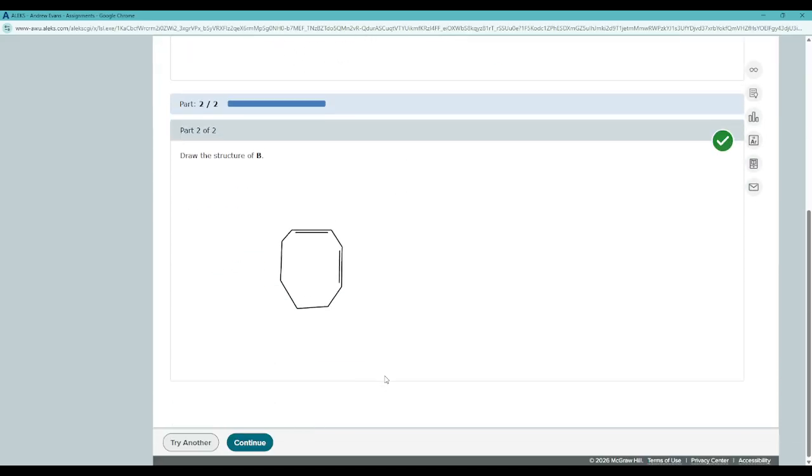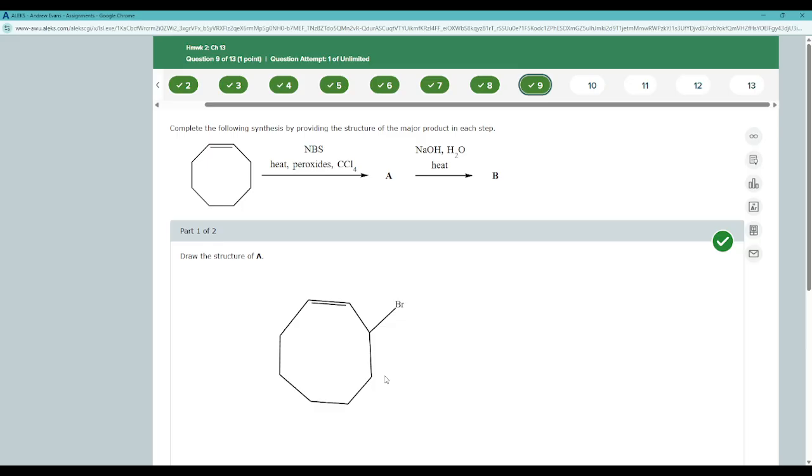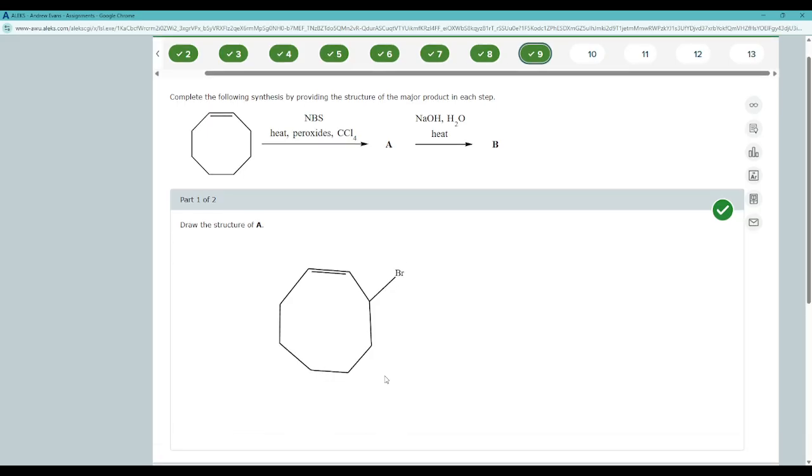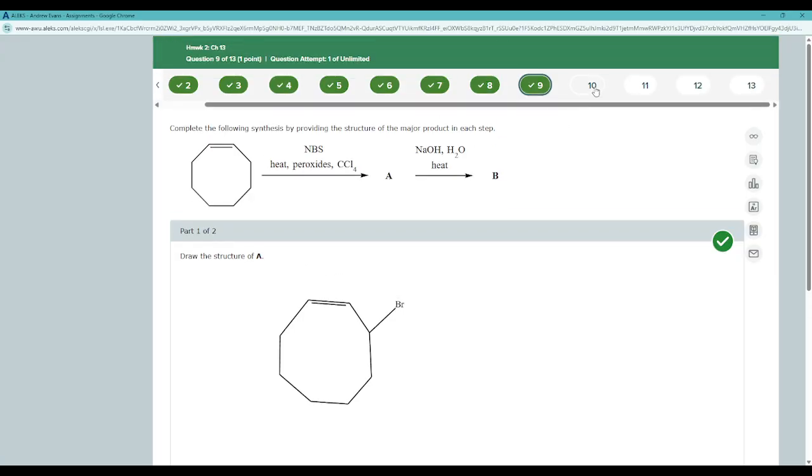Yes, you will eliminate to form a diene, which will be the focus of the next chapter. Base, heat, water.